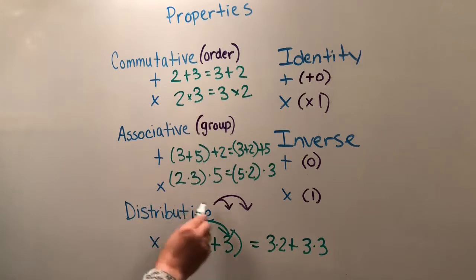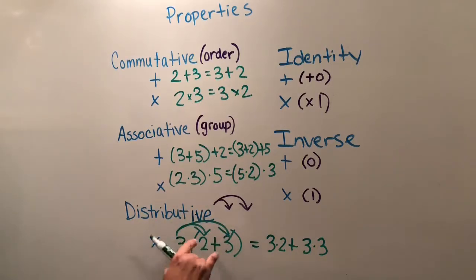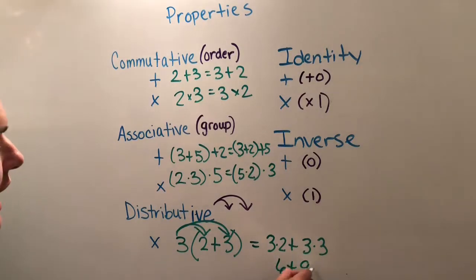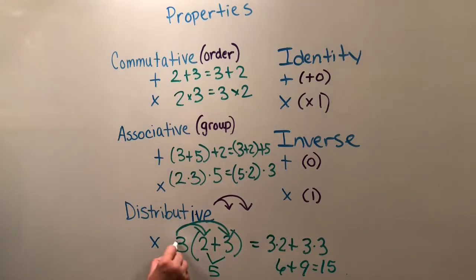And that is distributing. You have to distribute to each value inside that group. So 3 times 2 is 6 plus 3 times 3. So 6 plus 9 is equal to 15. If you add these two together, you get 5, and 3 times 5 is 15. So you see the value was the same, but we were able to distribute that.